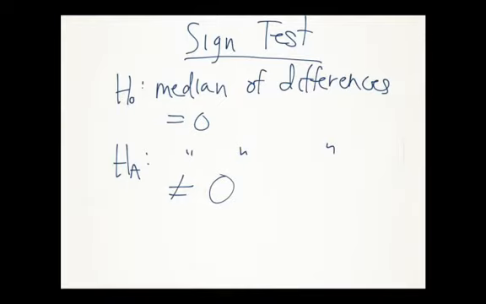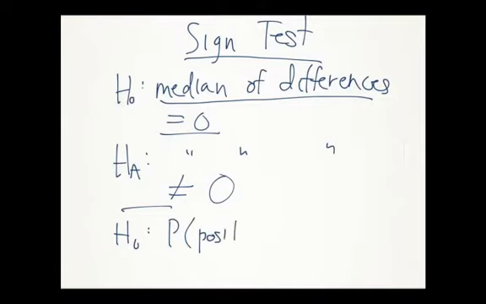So, under the null hypothesis, note again that we're taking one number from a patient and then subtracting the corresponding measure for the matched control, the healthy control. So under the null hypothesis, that being the median of the differences is equal to 0, we would expect the same number of positive and negative signs, right? So another way of writing this would be that the null is the probability of a positive sign, and when I say positive sign, I mean for the difference.